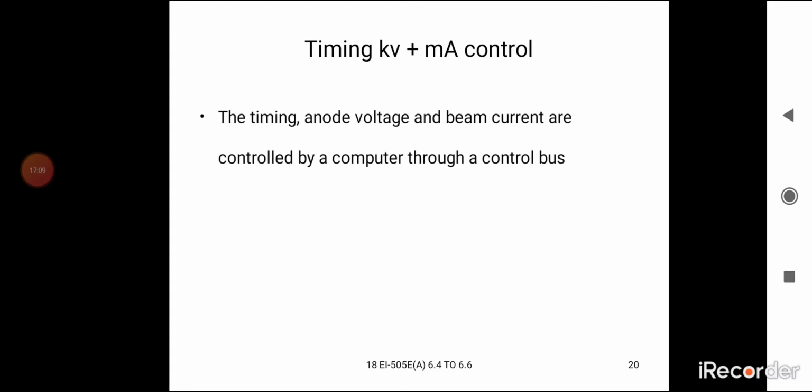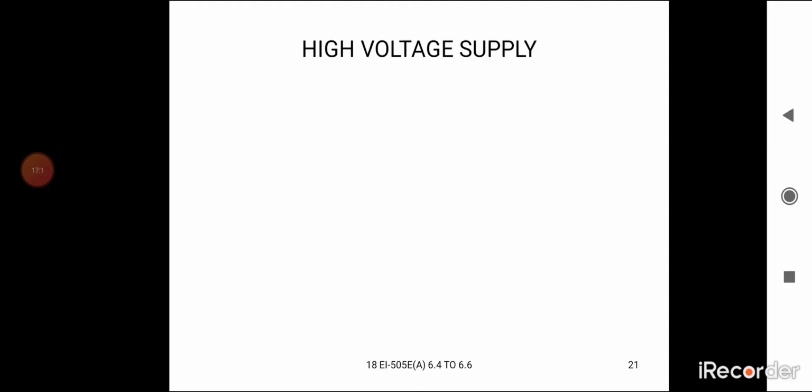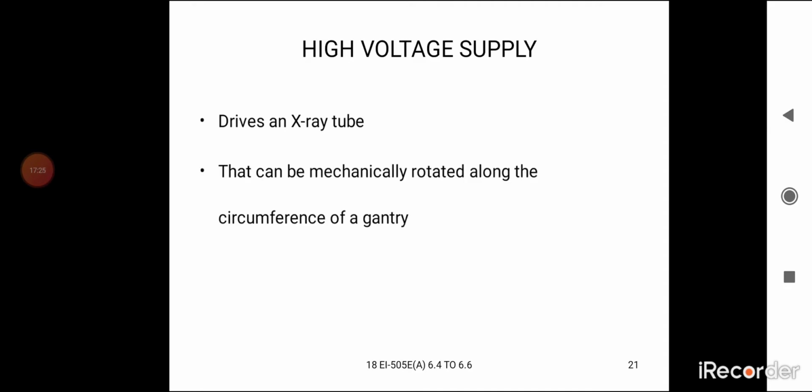The high voltage supply drives an X-ray tube that can be mechanically rotated along the circumference of the gantry.